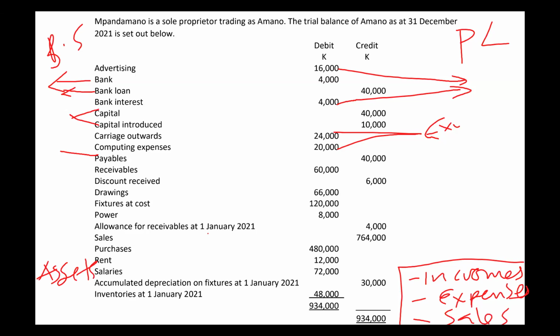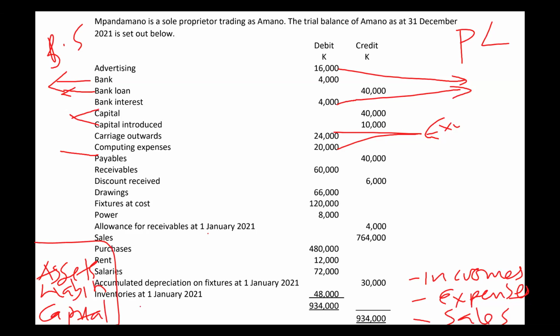Then on the balance sheet side, we have assets, liabilities, and the capital. You get the point, eh? That's a guide. All right.